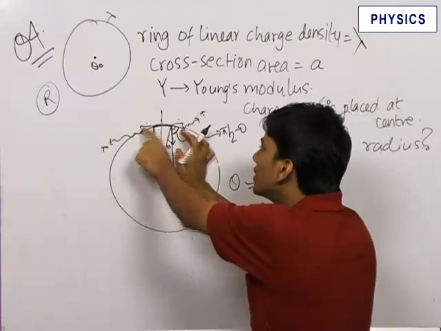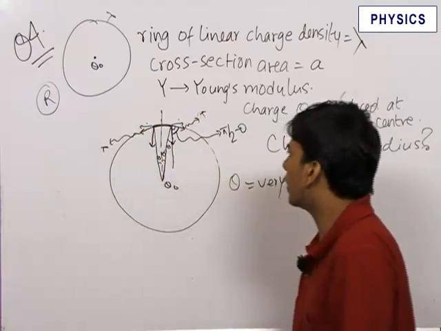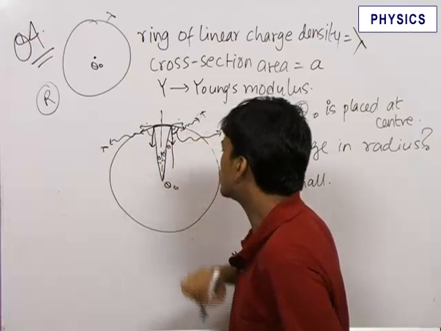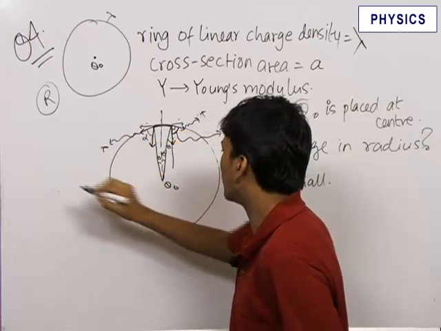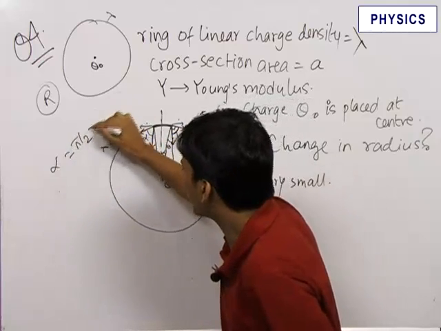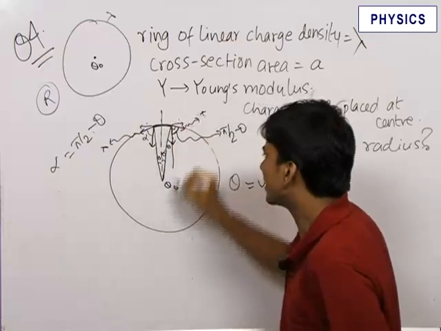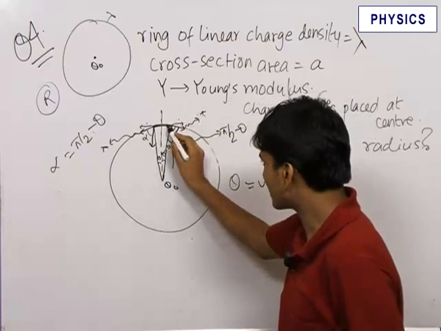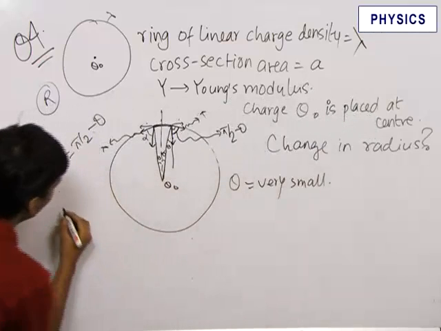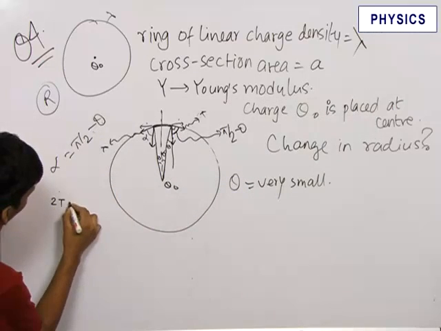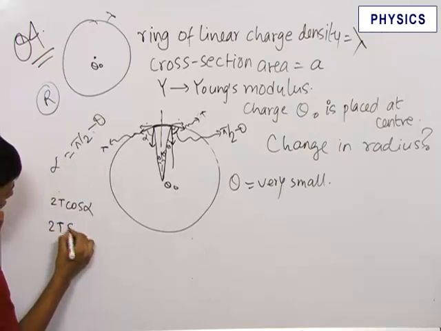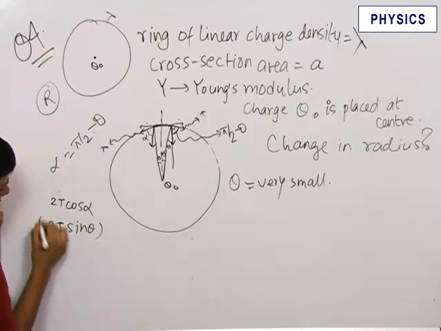So the net resultant of these two tension forces will come in the vertical direction, and since this angle is pi by 2 minus theta, this angle is also pi by 2 minus theta. Let this be alpha. Alpha is equal to pi by 2 minus theta. Therefore the net resultant force acting on this object due to the tension forces in the vertical direction comes out to be 2T cos alpha. Now alpha is equal to pi by 2 minus theta, therefore this becomes 2T sin theta.